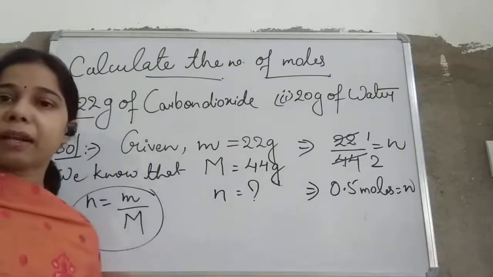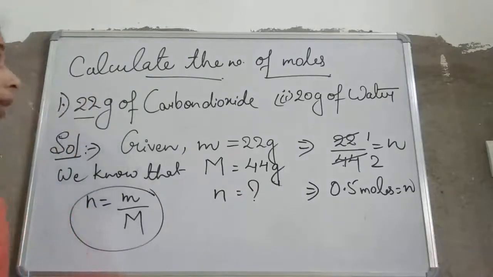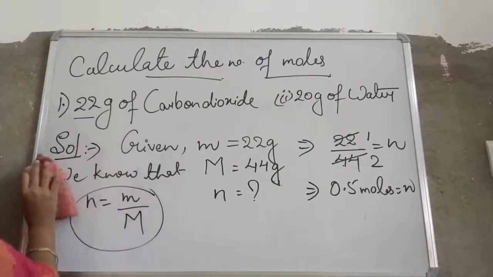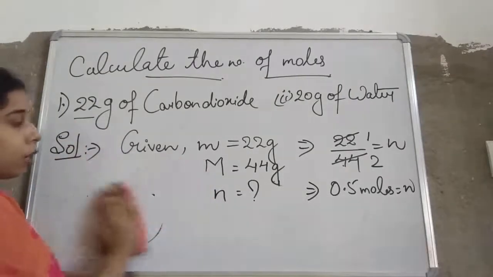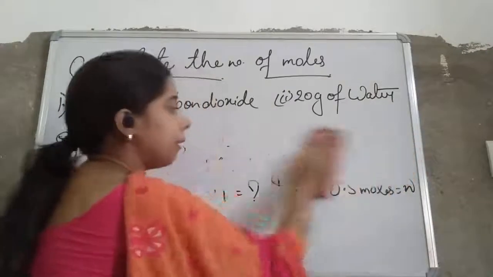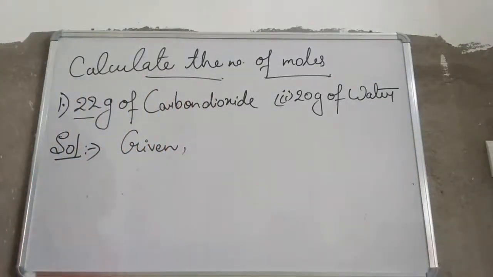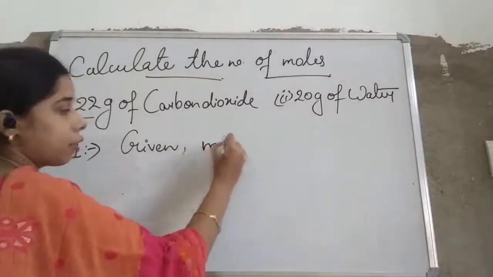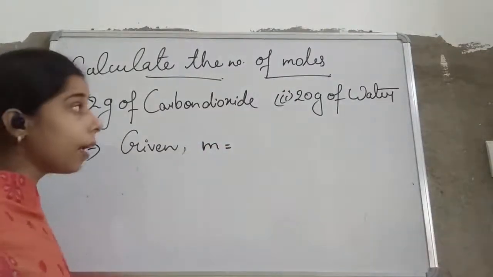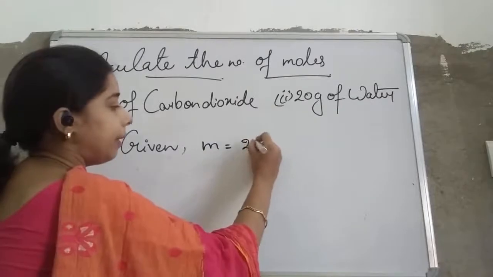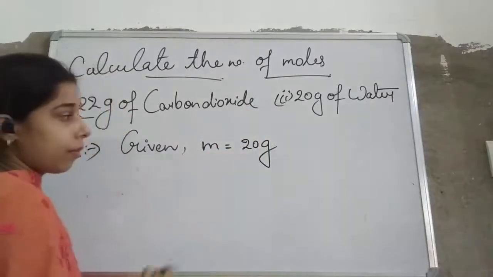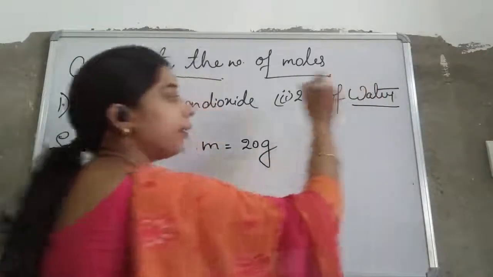Now the same thing we can do with water also. You can see here, students, 20 gram of water. So what is given here? Again, small m is given. Small m will be 20 gram. What is the other thing which is given?